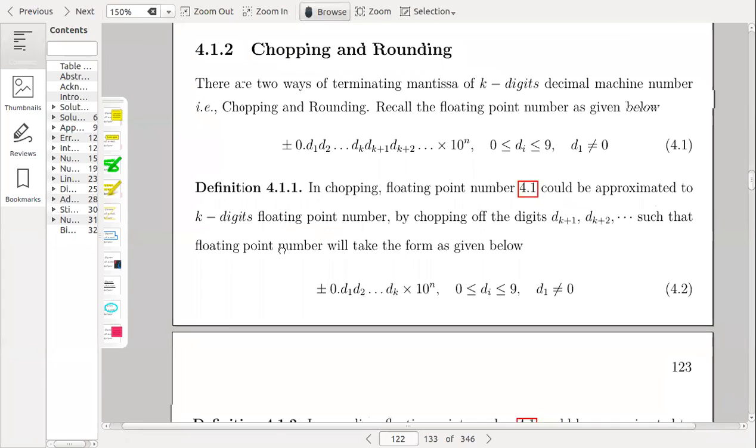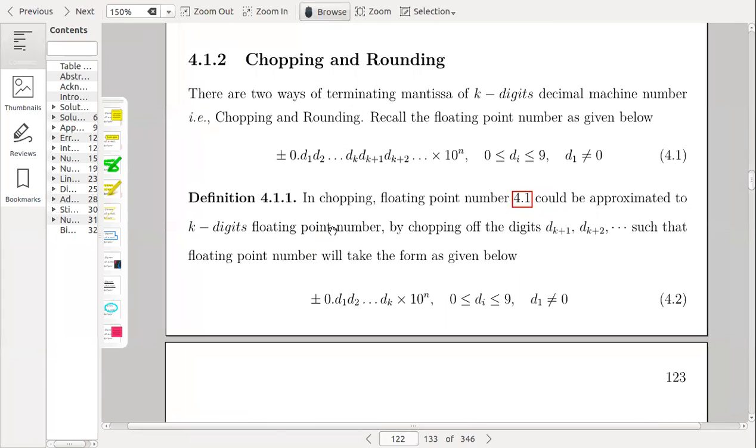So the definition: in chopping, a floating point number can be approximated to k digits by chopping off the digits after k. So if the number is 0.d1, d2, so on, dk, dk plus 1, we can chop off the remaining digits after k digits, that is k plus 1, k plus 2, and so on.